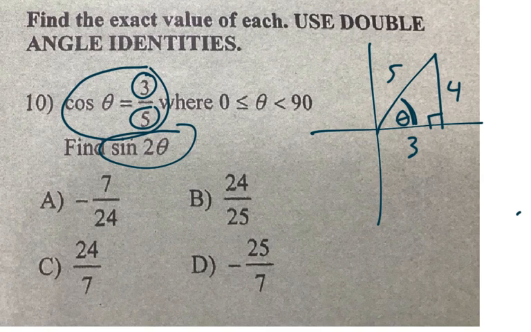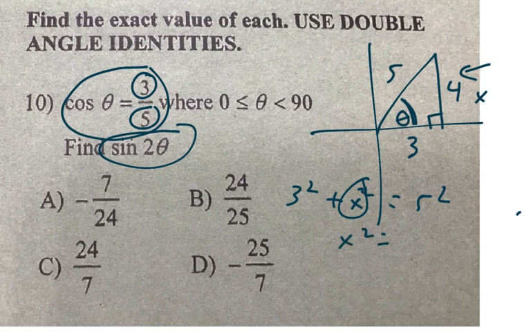So I know that this missing side here, 3 squared plus missing side squared equals 5 squared. So notice I'm calling this x, of course. So x squared is 5 squared minus 3 squared. 25 minus 9 is 16. And x, therefore, is the square root of 16, which is 4. But hopefully you know your 3, 4, 5.